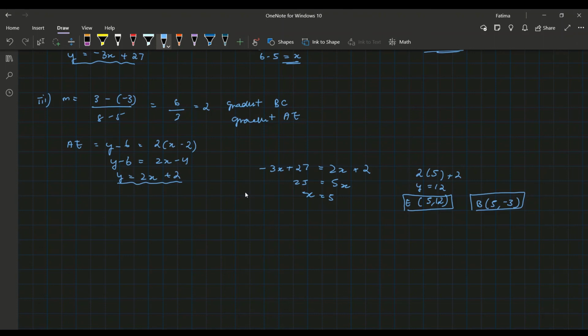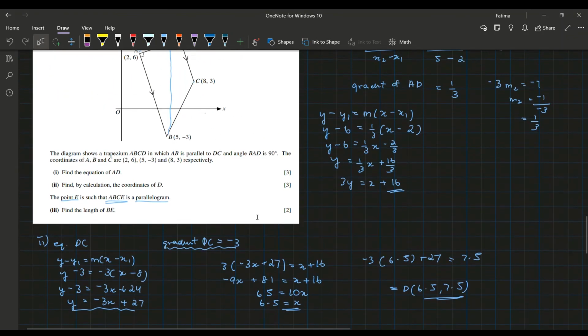So if I did root of 5 minus 5 whole square plus 12 minus negative 3 whole square, root the entire thing. 5 minus 5 is 0, so that would be root of 12 plus 3, which is 15 square. So root of a square, they just cancel each other out, so that's equal to 15. So my distance BE is equal to 15.